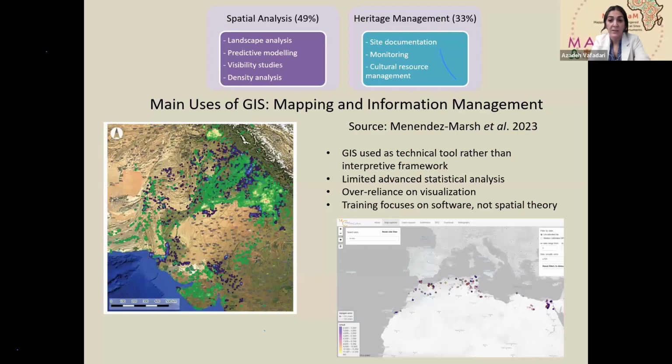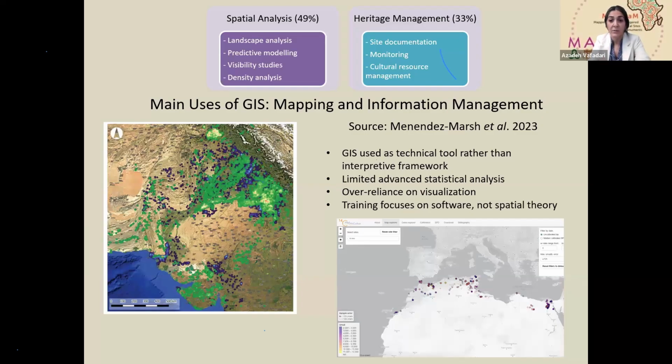This includes predictive modeling, visibility analysis, density mapping, and landscape studies. About 1/3 of the studies, 33%, focused on heritage management, such as site documentation, monitoring, and data organization. Interestingly, the most common uses of GIS were mapping and information management. This suggests that while GIS is widely adopted, it is often used primarily for visualization and data storage rather than for complex spatial modeling.